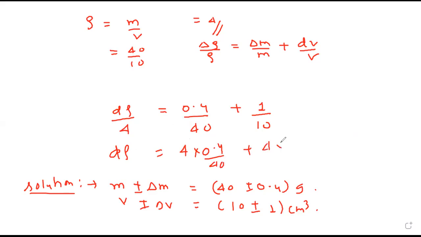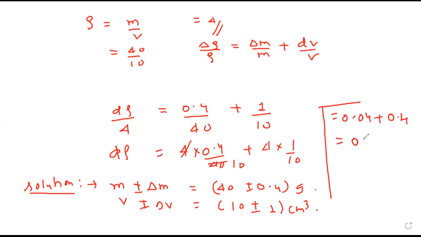Second term also 4 is multiplied. 4 into 10. So this will become 0.4 upon 10, 0.04 plus 4 upon 10 is 0.4. So 0.44. Therefore, density actual will be 4 with error limit 0.44. Unit is gram per centimeter cube.